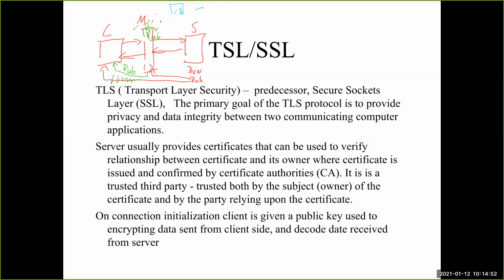When I connect to a server and I get a public key of the server, I can verify whether this key was issued for this server. So a CA is a third party, which can confirm that the key is legally issued for the server.